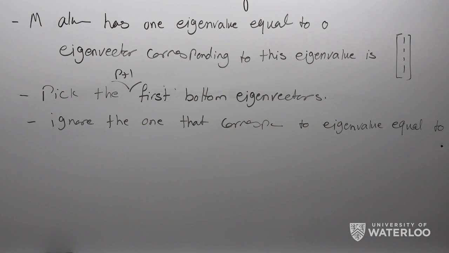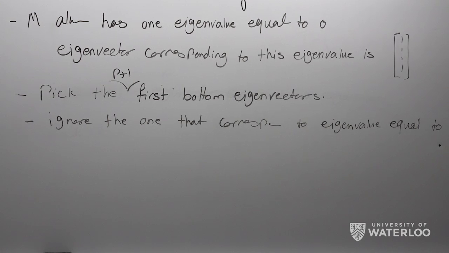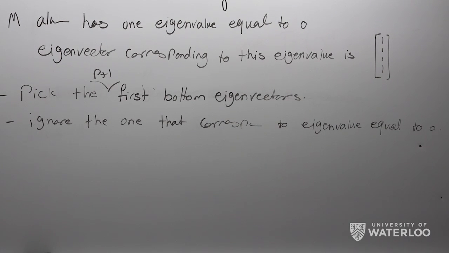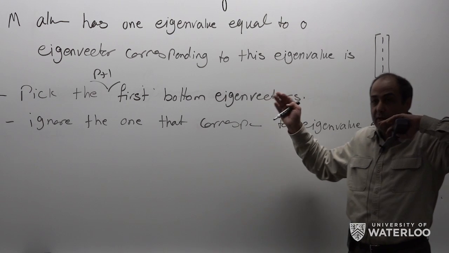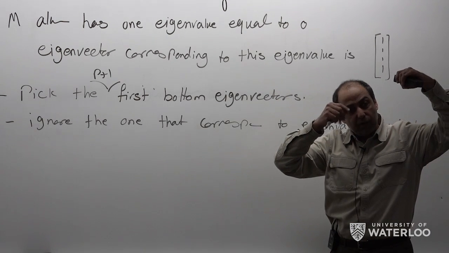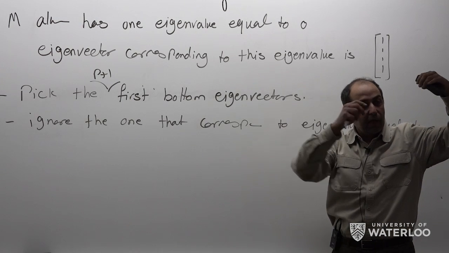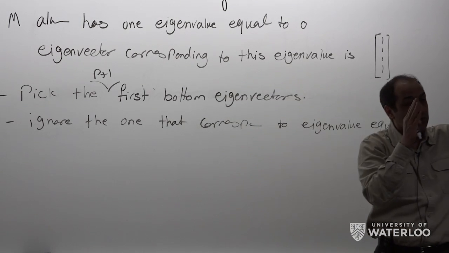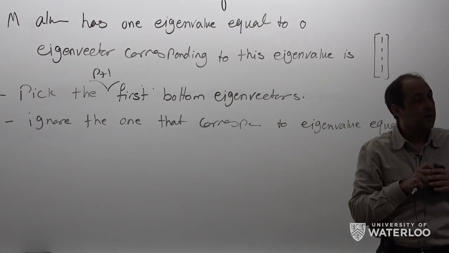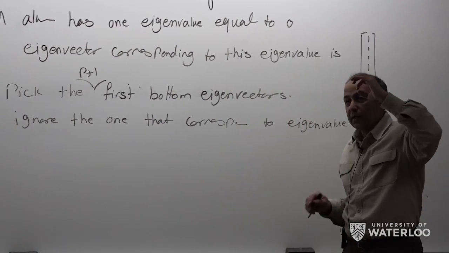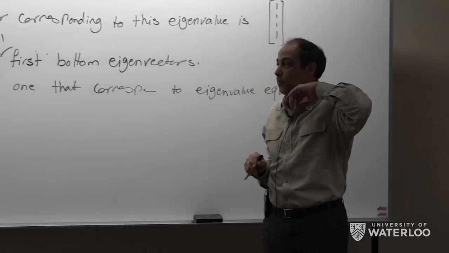So basically you need to pick the bottom p plus 1 eigenvectors. The first eigenvalue is 0, and the corresponding eigenvector is 1, 1, 1. Just ignore that one and look at eigenvectors 2 to p plus 1. Basically, the solution would be eigenvectors 2 to p plus 1.